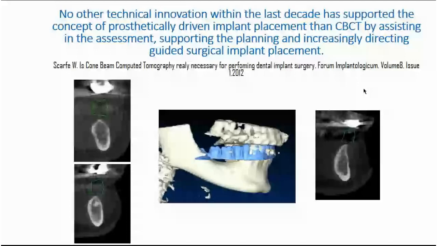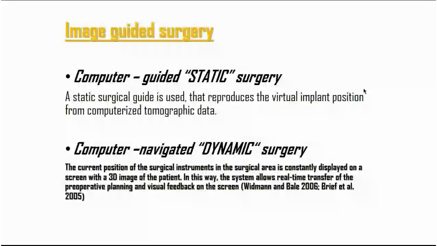So no other technical concept brought us possibility that we can incorporate prosthetic plan, and that will influence our procedure more than combination of the cone beam itself. So we know that there are two ways to be guided.